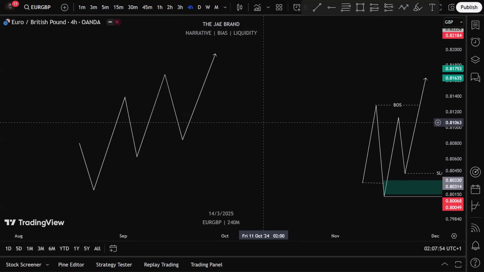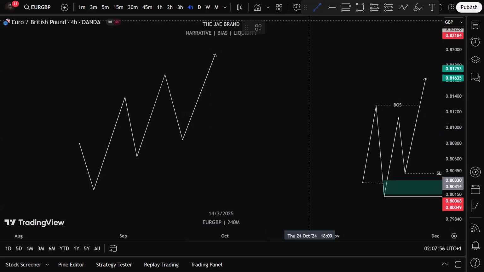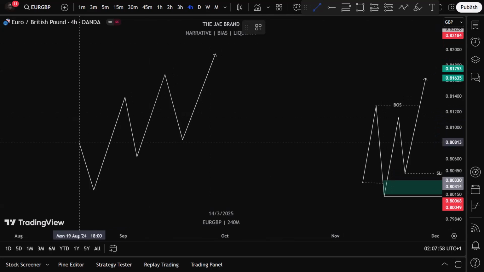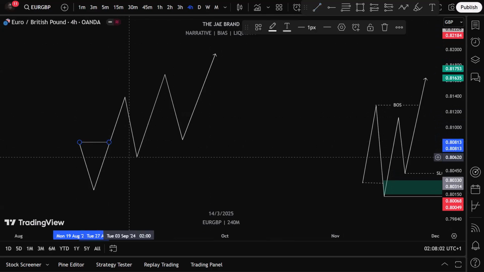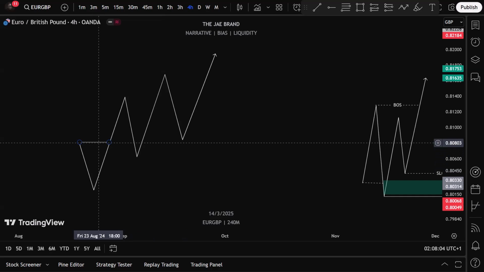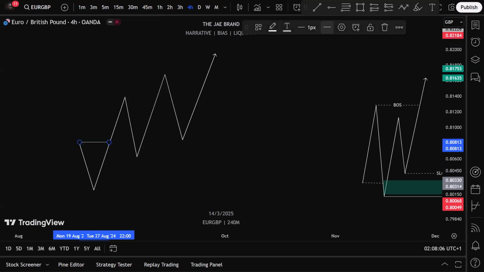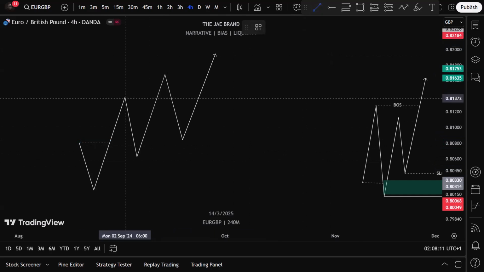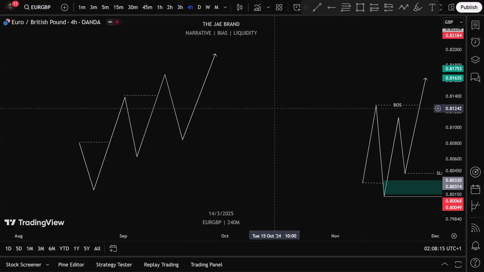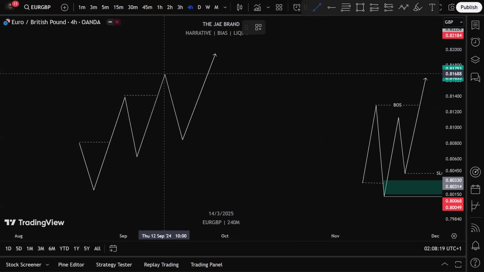Now, this is the first break of structure. So let me use this. And then we have the second break of structure. And we have another break of structure.